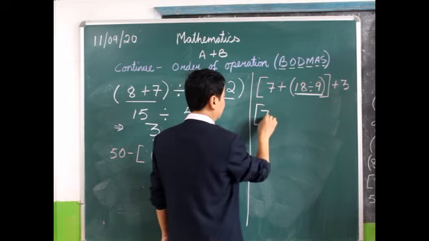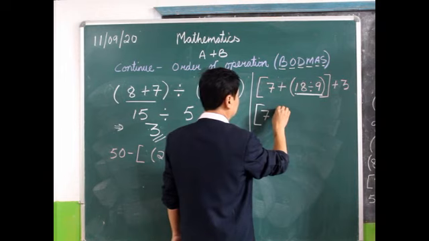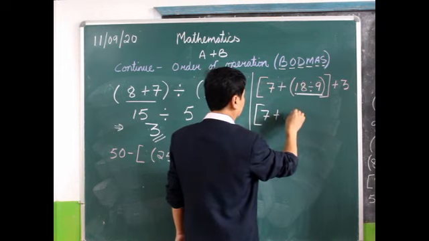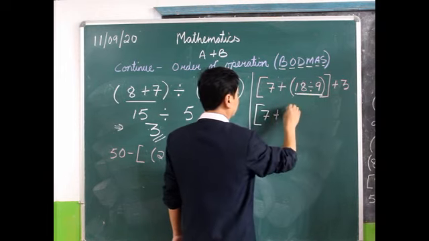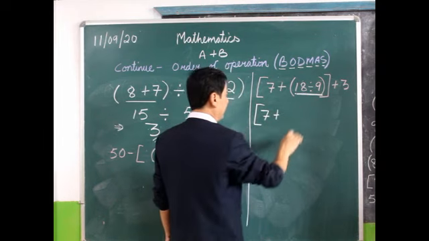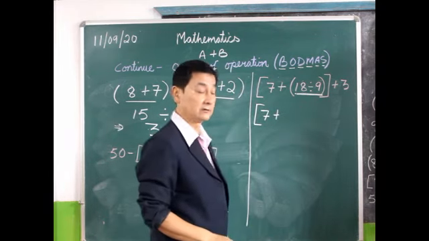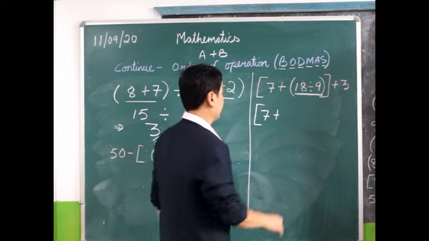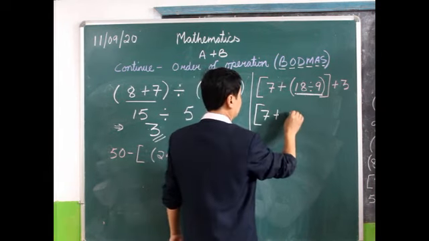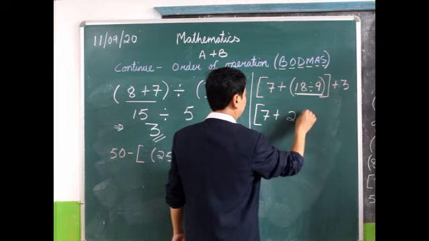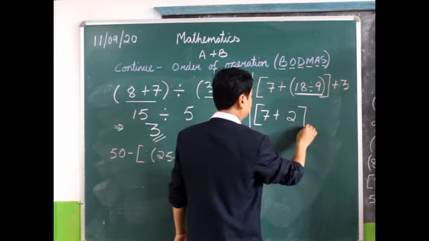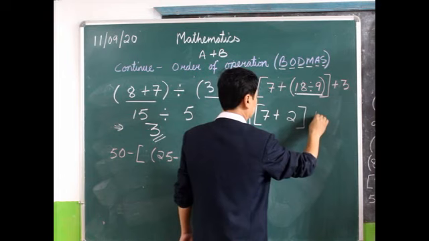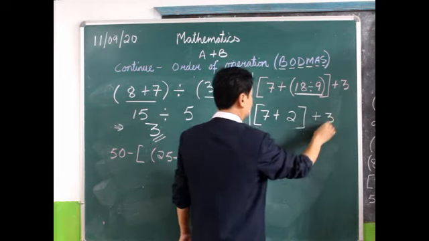So 7 plus, okay? You can open the bracket or you can write in the bracket one single number. But let's open the brackets. 9 goes into 18 how many times? 2 times. See, the brackets open up by themselves. Bracket again, close the bracket, and plus 3.